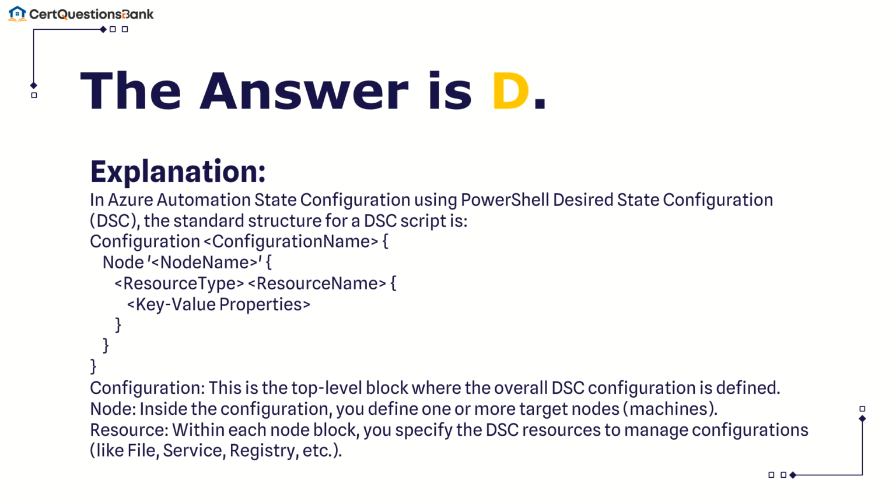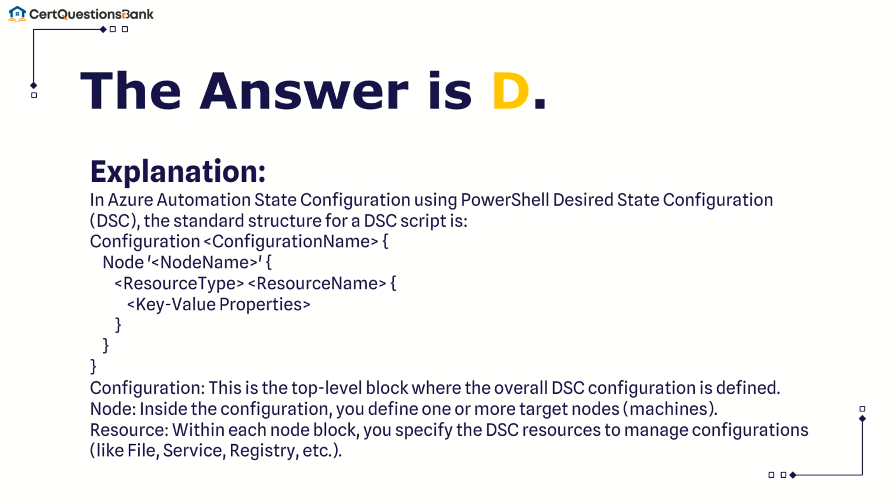The answer is D. In Azure Automation State Configuration using PowerShell Desired State Configuration, DSC, the standard structure for a DSC script is configuration, node, resource. Configuration: this is the top-level block where the overall DSC configuration is defined.